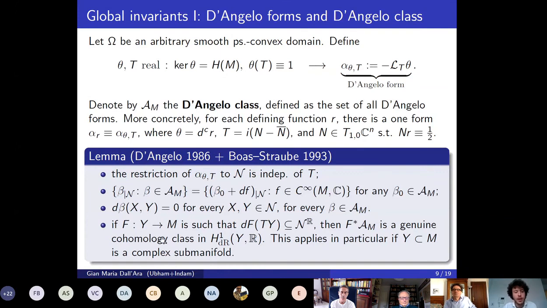In fact, more generally, whenever you have a smooth function f from any manifold Y to M with the property that its differential maps the tangent bundle inside the real Levi null distribution, then you can pull back your D'Angelo class, meaning you pull back every element of the D'Angelo class, and you get closed forms, and they generate a cohomology class in the first cohomology of Y. This in particular applies whenever Y is a complex submanifold. In this case, the condition is automatic: the tangent bundle is contained in the Levi null distribution.